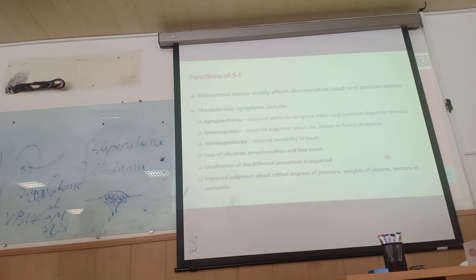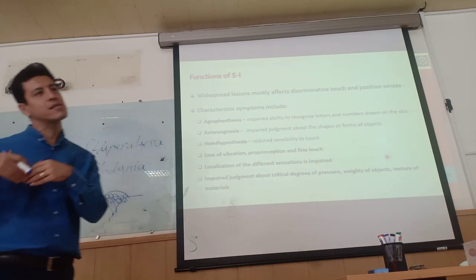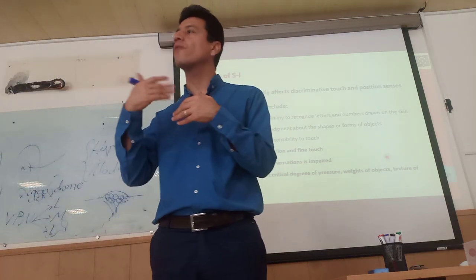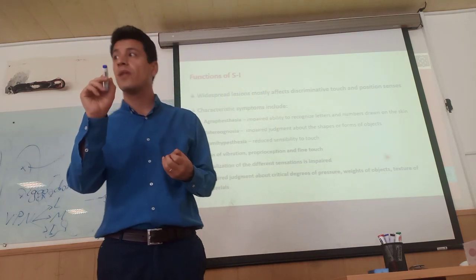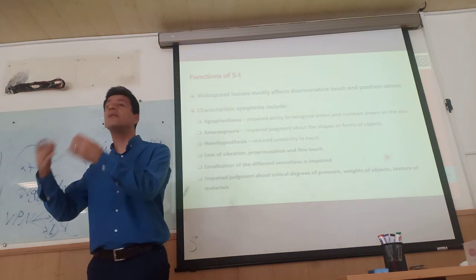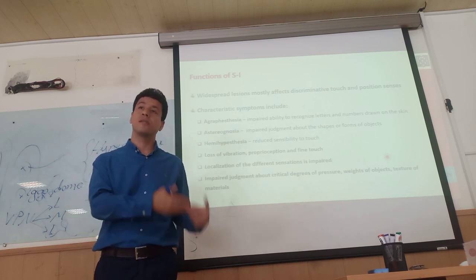For example, this is a cell phone, this one is a marker, this one is an eraser. You can feel it, understand and recognize the object. We call this stereognosis. When there is no ability for that, we call this astereognosis.